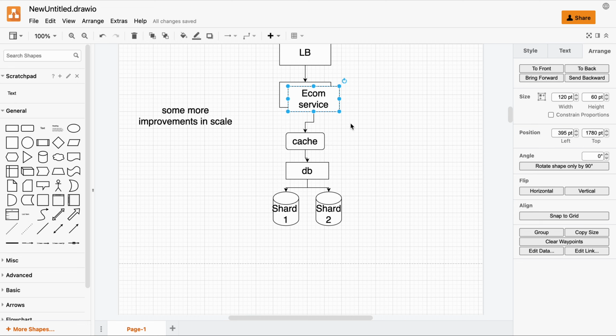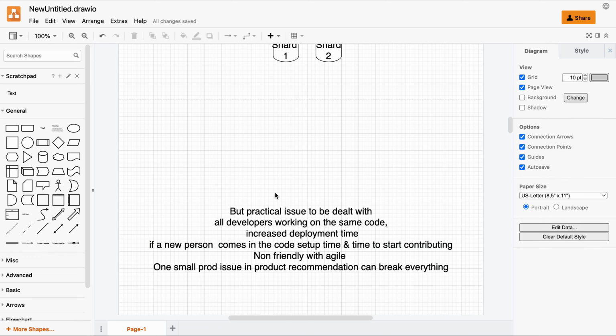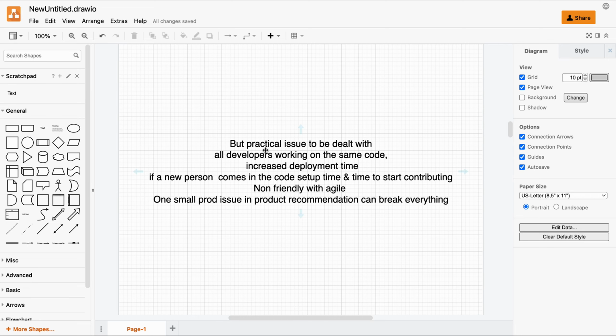So as everything is coupled together inside a single service, whatever we want to do, we have to deal with the whole thing. That's the situation that we are in. So these are the basic, practical issues to be dealt with. All the developers would be working on the same code. It's going to increase deployment time, and when new people come into the team, the code setup and all those things would take much time. It is non-friendly with agile.